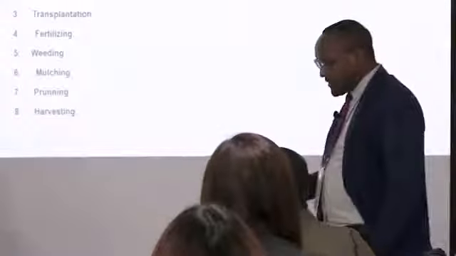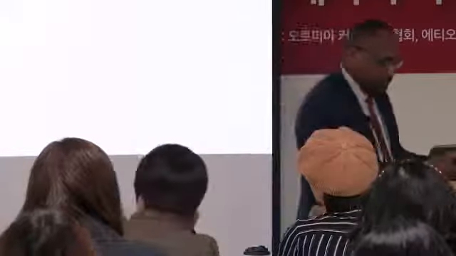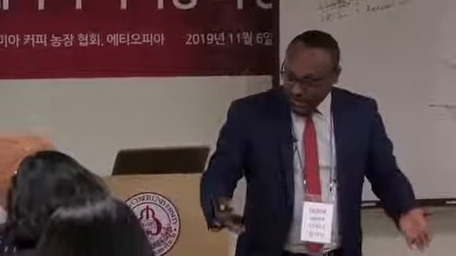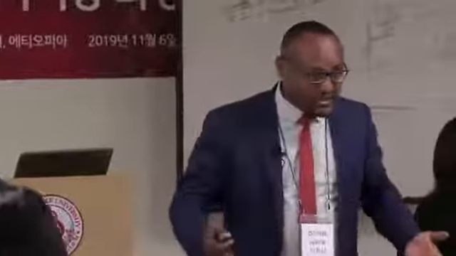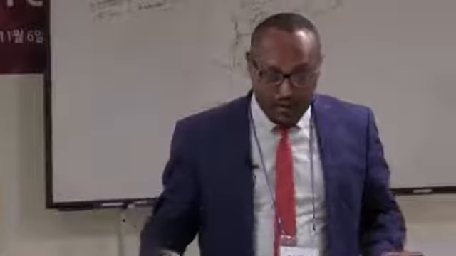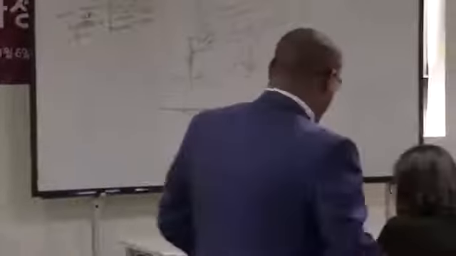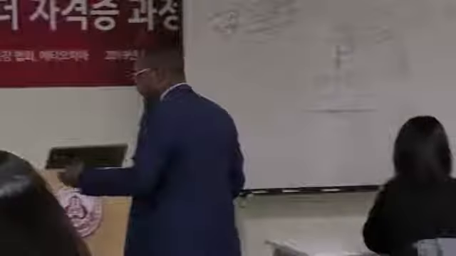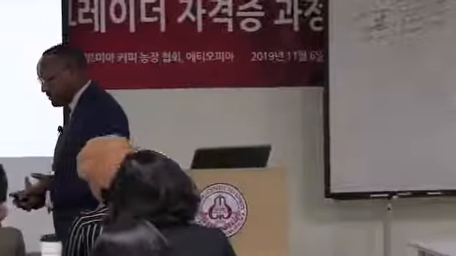The other is fertilizing. Fertilizing means giving food for your plants, giving nutrients. Your plant requires nitrogen, phosphorus, potassium, magnesium, manganese, sulfur, and others. 16 essential nutrients are very important to grow any crop. Among these 16, you must feed NPK: nitrogen, phosphorus, and potassium.